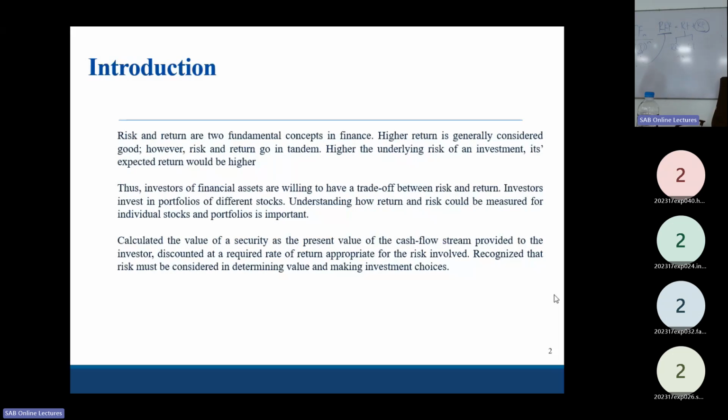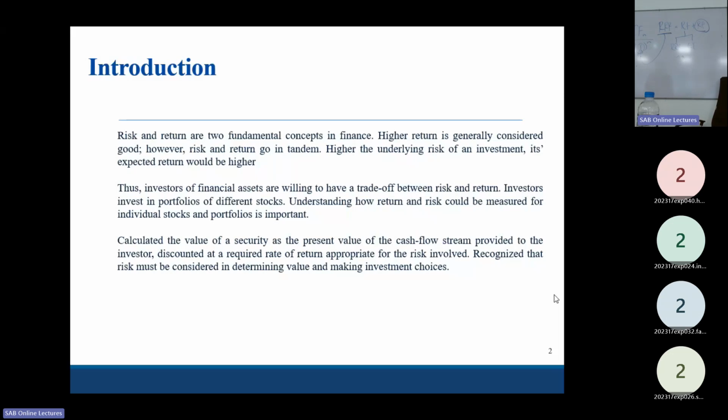Investors invest in a portfolio of different stocks. Suppose you put all the eggs in one basket, and if that basket falls, all the eggs will be destroyed. Likewise, if you invest your total wealth in one particular company, and that company goes bankrupt, your total wealth will be destroyed.